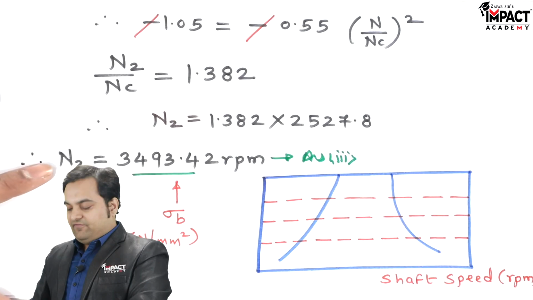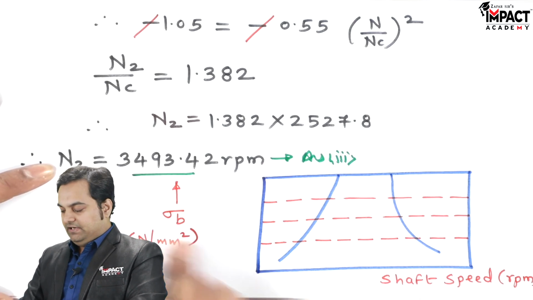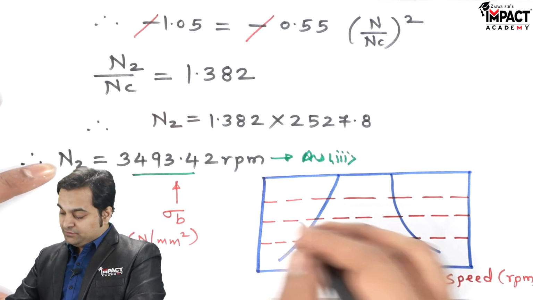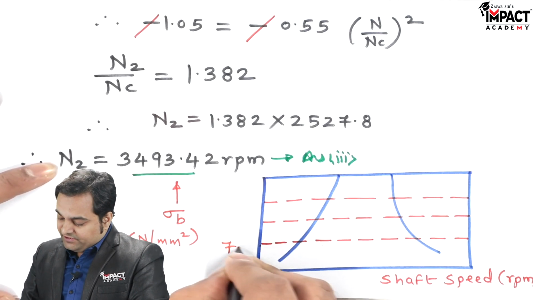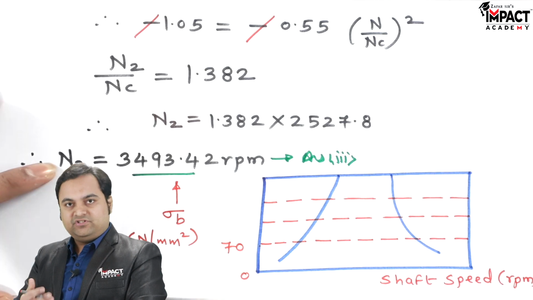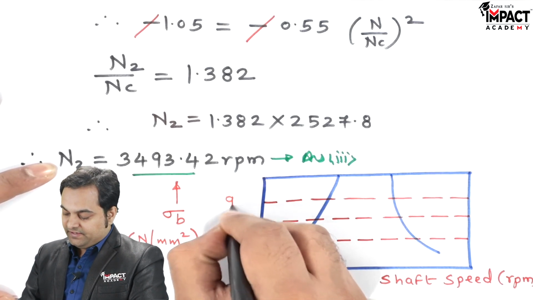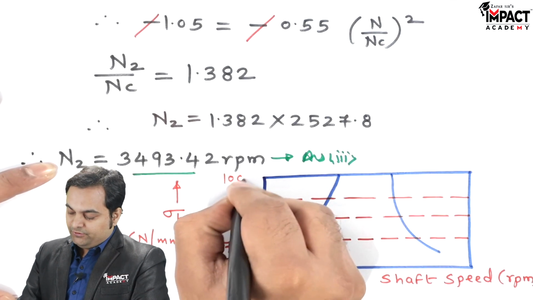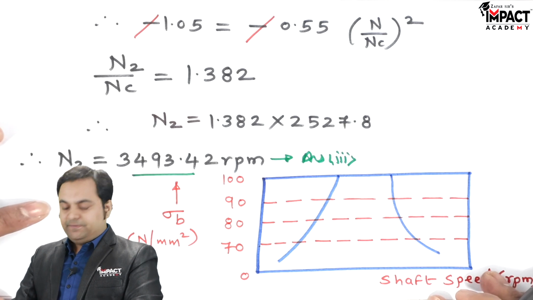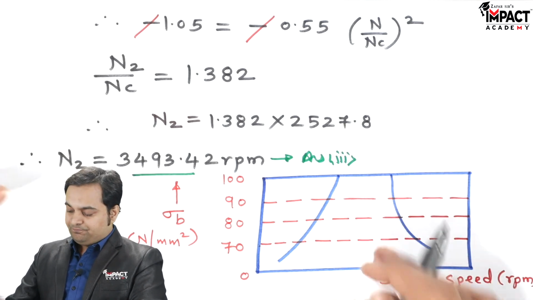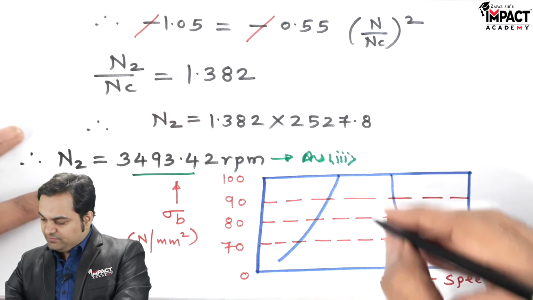So here this graph is indicating bending stress on the y-axis, the vertical axis, and shaft speed on the x-axis. So I am taking the bending stress value as 70 Newton per mm square, which is given in the problem. Next I am taking it as 80, then 90, and finally 100 Newton per mm square. Then the critical speed of the shaft would be exactly at the center, we can say, where we are going to get the maximum deflection.